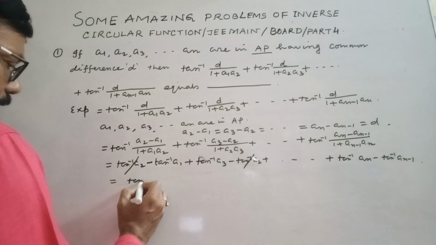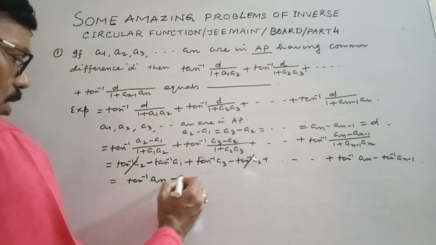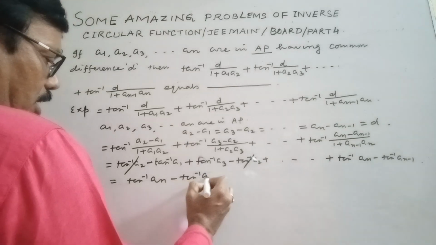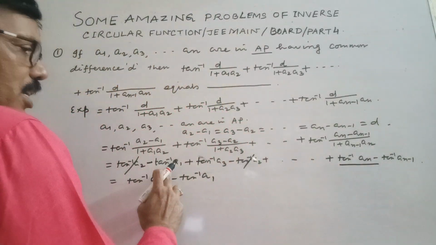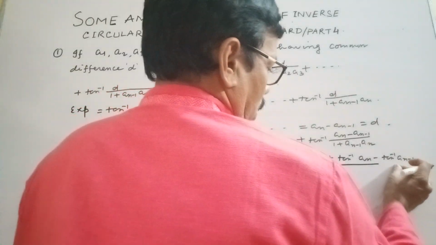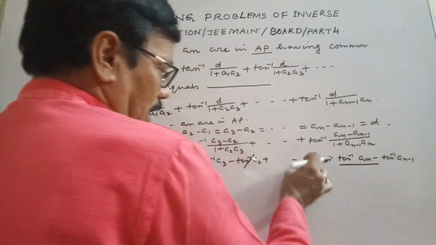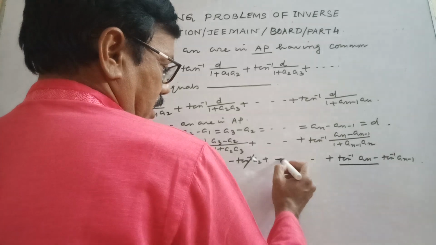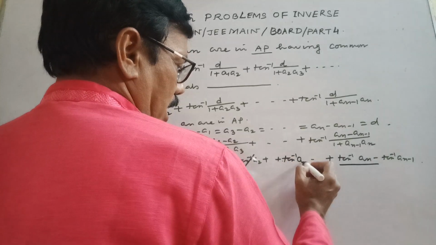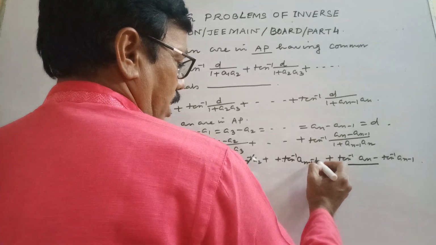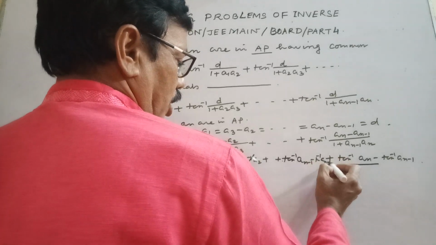That is the last one, tan inverse An, minus tan inverse A1. This term will be cancelled. If we consider the previous term, what will it be? Tan inverse A(n-1) minus tan inverse A(n-2).